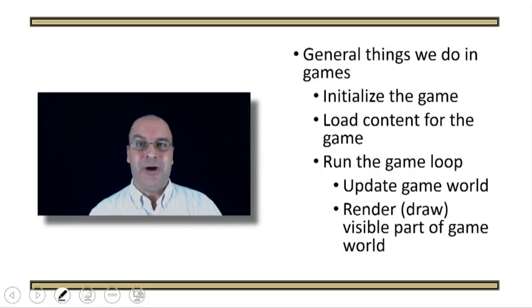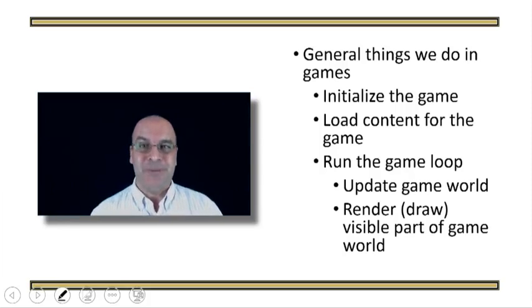We also load content. When we talk about content, we mean things like the graphical assets you're going to use in a game. If you're using a 2D game, those graphical assets are typically called sprites. If you're building a 3D game, you might have models and textures that you're importing. And audio, of course: music and sound effects are also considered content.